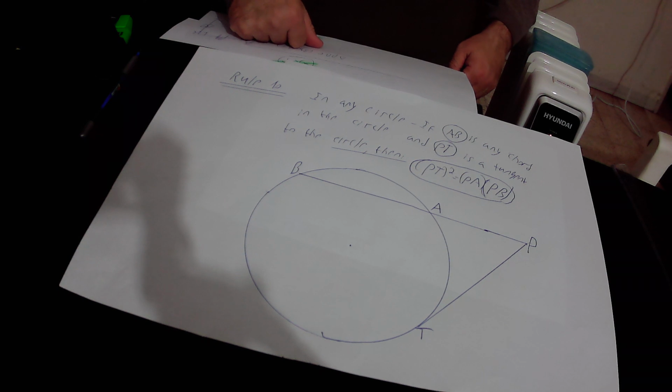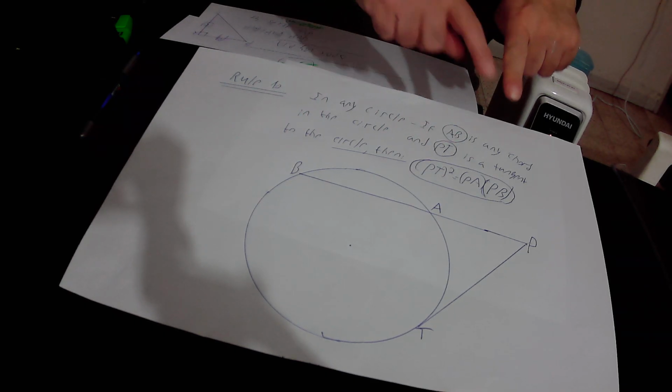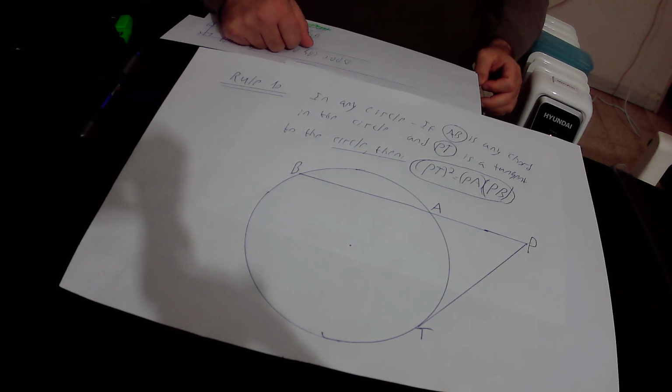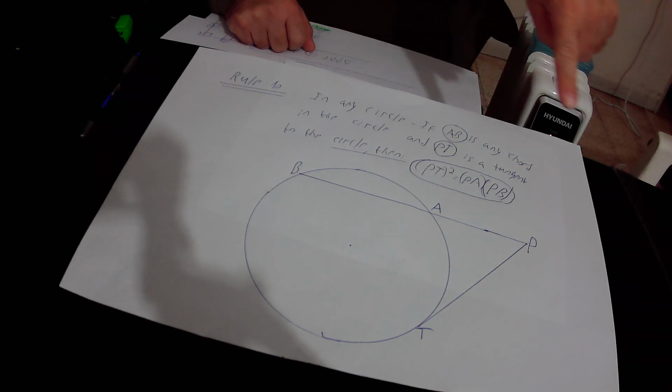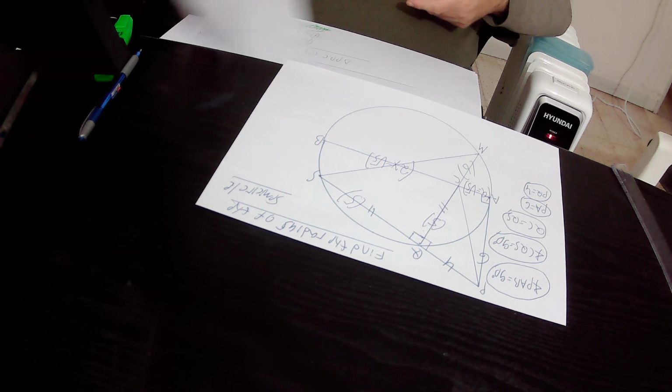In any circle, if AB is a chord in the circle and PT is a tangent to the circle at point T, then the following equation is true: PT square equals PA times PB. Again, PT square equals PA times PB. We can actually implement rule number 10 in our drawing.